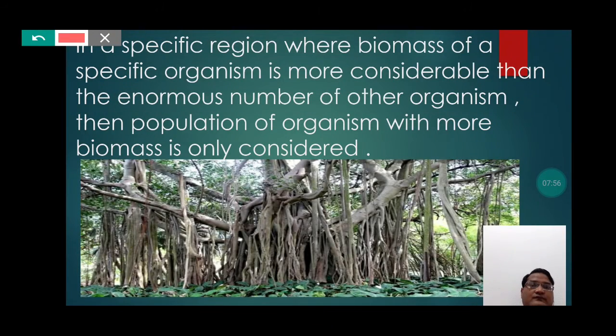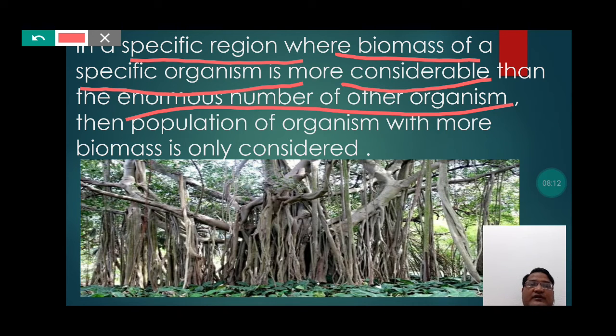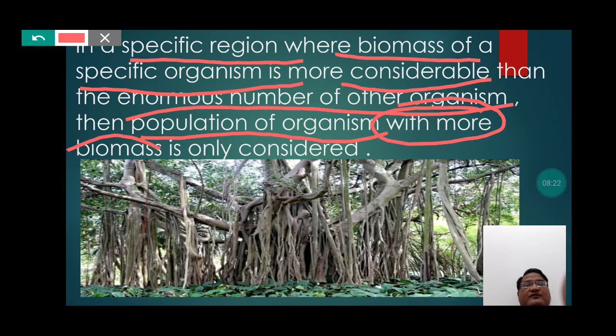So students, in a specific region like a forest, where the biomass of the specific organism, that is the plants, is more considerable than the number of the organisms, which are the animals, which are comparatively fewer, then the population of the organisms with more biomass, that means with more area covered by the organism, will only be considered.